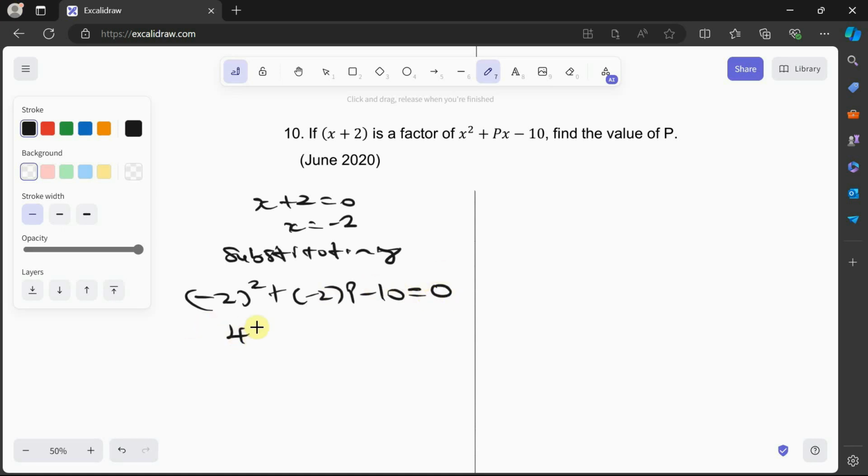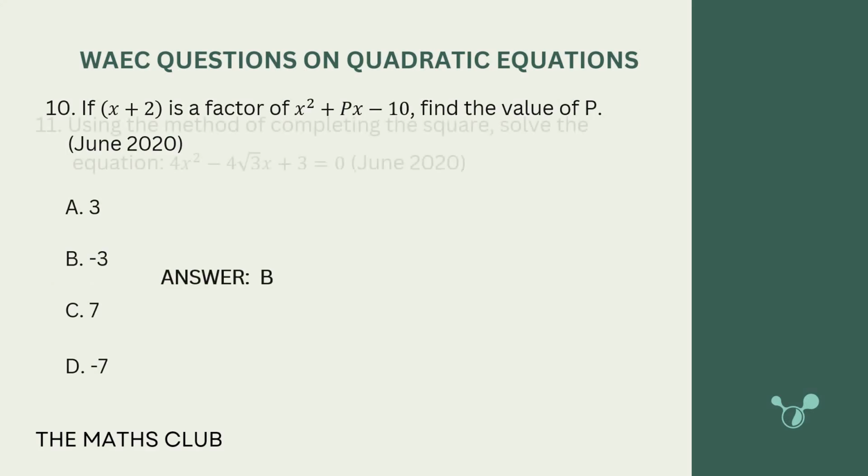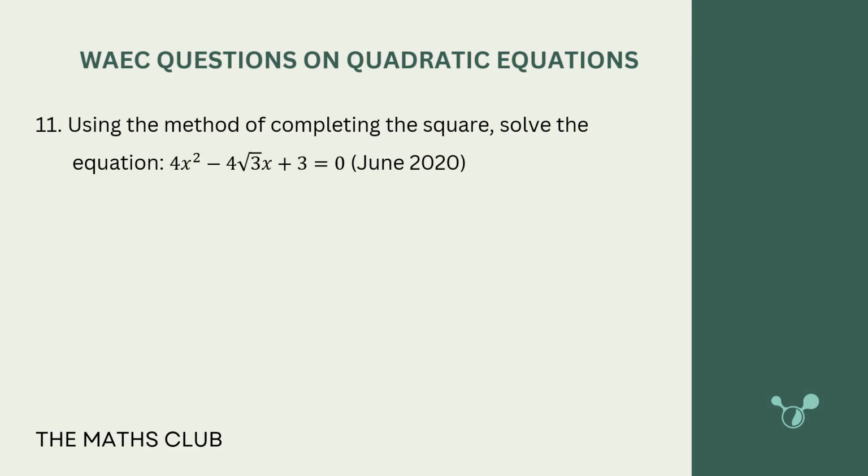So it's like saying 4 plus minus 2p minus 10 is equal to 0. 4 minus 10 will give me minus 6, so that will be minus 2p minus 6 is equal to 0, and that will give me minus 2p is equal to 6. If I divide both sides by minus 2, our p will be equal to minus 3. Let's see if we're correct. That will be B.